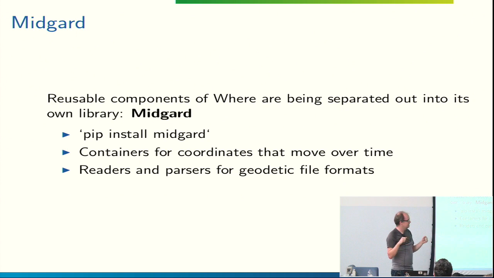But what we are putting in there is some of these containers that we have for coordinates that move over time and things like this. We've been using quite a bit from AstroPy, which has a very nice time module for dealing with the very detailed time stuff that we need. And then there are several of these weird geodetic file formats.